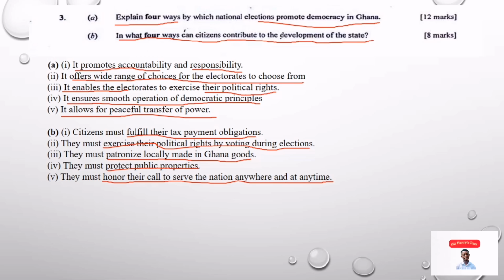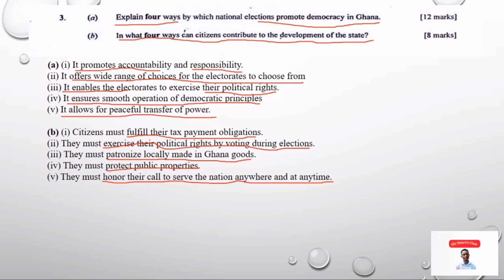It offers a wide range of choices for electorates to choose from. So people present their policies through the medium of manifesto, and they outline the policies that they would carry out for the betterment of the country, and the electorate have the opportunity and the power to choose from any of these policies that will benefit them.